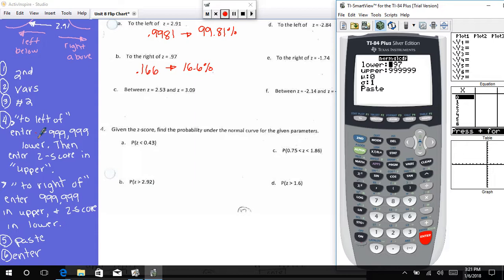Over here in my notes, it says if it's to the left of, then I enter that negative big number into my lower, and my upper is negative 2.84. Down to paste, and hit enter, and then it gives me a percent.